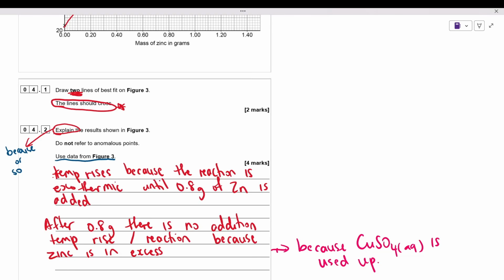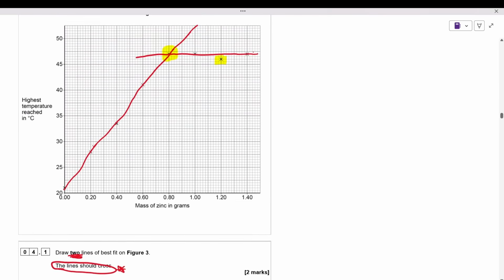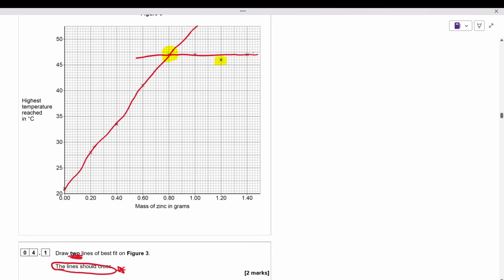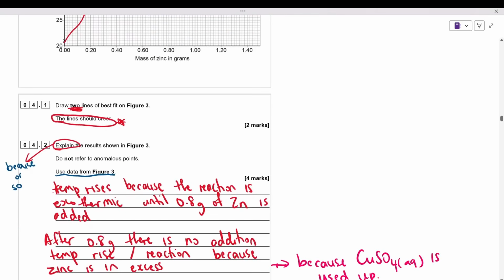And we're including that detail from the figure until about 0.8 gram of zinc is added. Or if you want to put that maximum temperature, which was around 47 degrees Celsius, in place of the mass, that's absolutely fine as well, as long as you're using information from that figure to support your explanation.